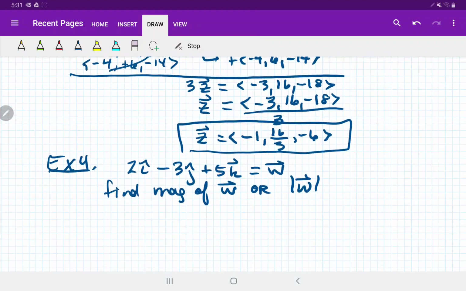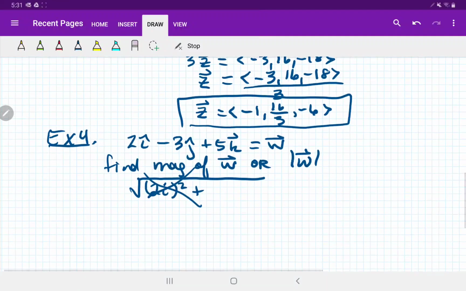Okay, the only thing with the ijk, and the reason why I wanted to bring it up, is when you do the magnitude, it's not 2i squared. Okay, this is not right. You can't do 2i squared because that i is not the imaginary number i. What that is, and what I always do, is I just like to write it in component form.